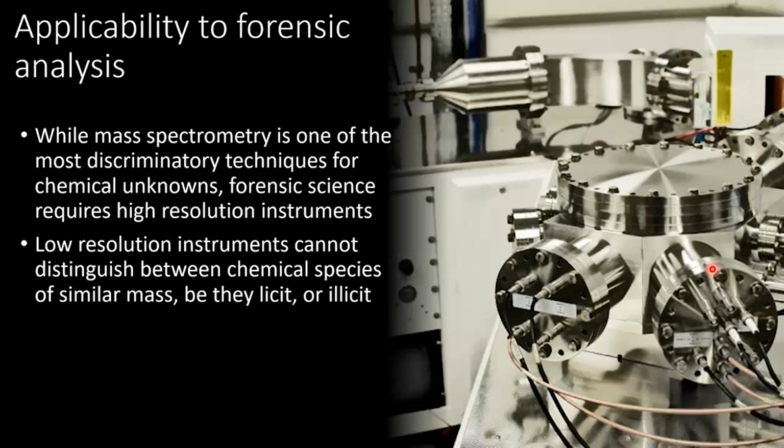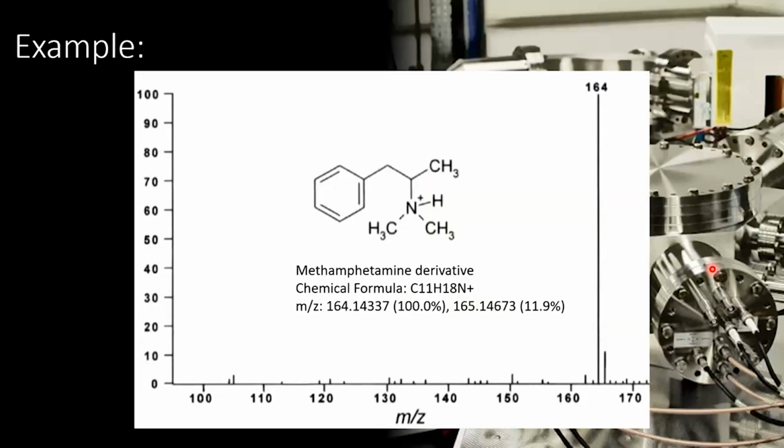These lower resolution instruments can't distinguish between chemical species of similar mass or even identical mass, be they licit or illicit substances. Just to give you an example of that, we're going to look at some spectra of relatively low resolution instruments, looking at this methamphetamine derivative shown here. The chemical formula of this methamphetamine derivative is C11H18N+.